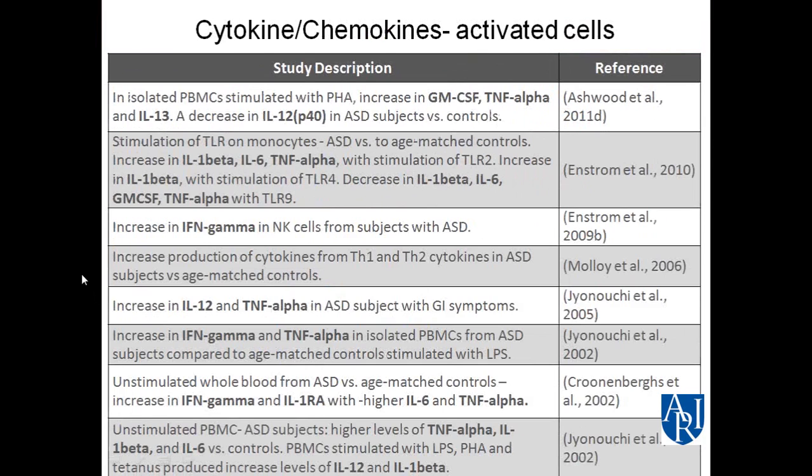Here we're looking at cytokines and chemokines. Chemokines are small proteins that are produced by the immune system. And here again, we see many different authors have found different changes in the immune system that are puzzling.